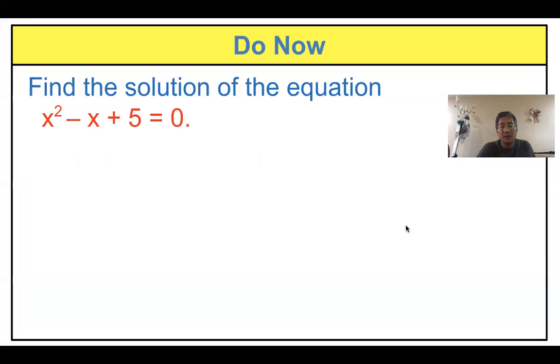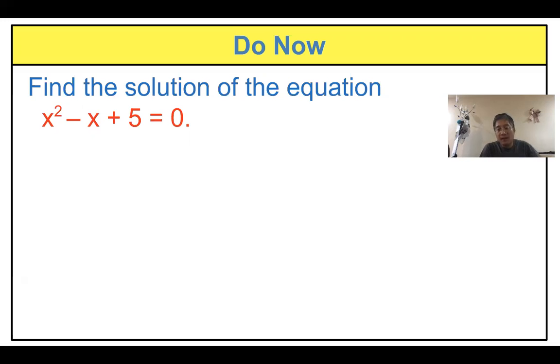So before we start the lesson, can you start to do this now? Find the solution of this equation. When you take a look, can you try? I'll give you 4 minutes. All right. Okay, let's go over it together. So when you see, you cannot factor this equation.